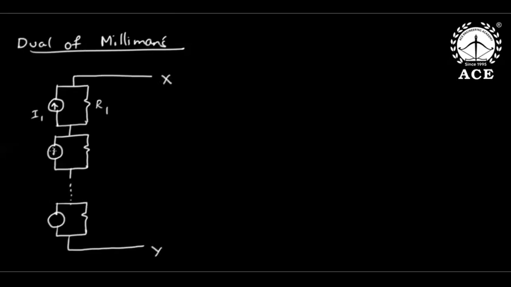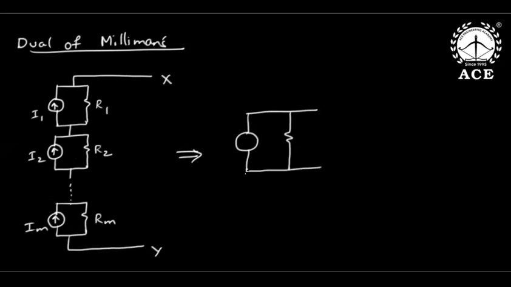Let us say this is I2, R2, and this is IM. I can simplify into a simple network consisting of a current source in parallel with a large resistance. This is Millman's current source IM, and this is the dual of Millman's resistance RM dash.